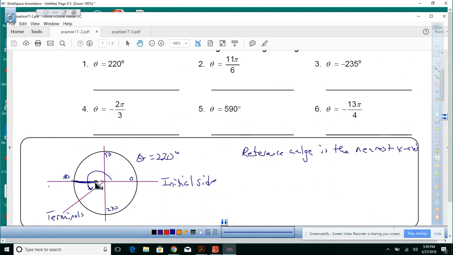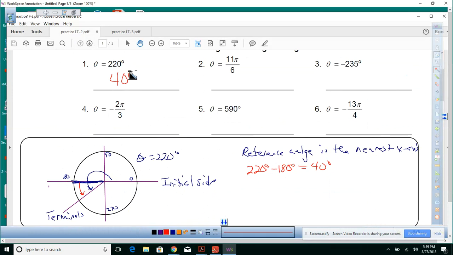How far is it from here to there? Well, that's 220 degrees minus 180 degrees equals 40 degrees. So there's your reference angle, 40 degrees.